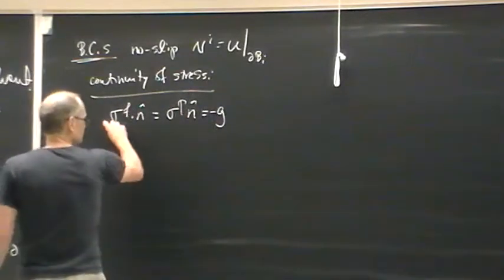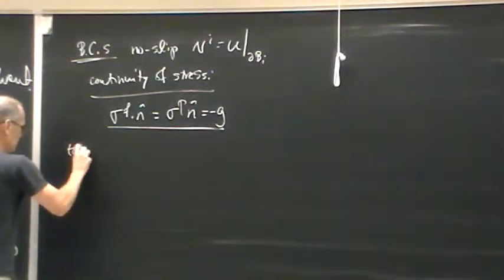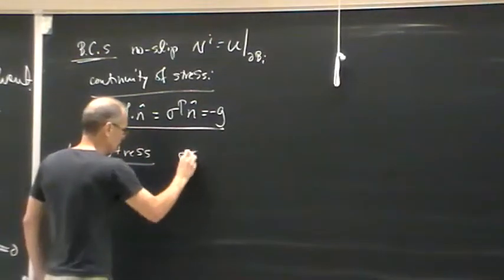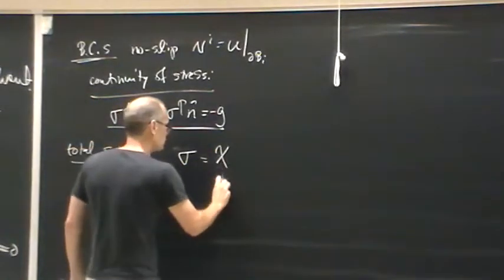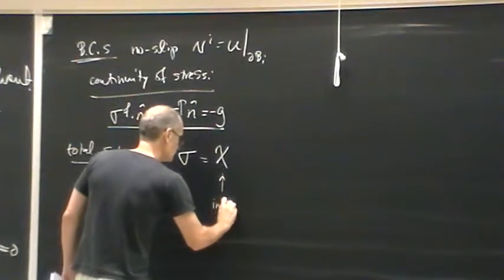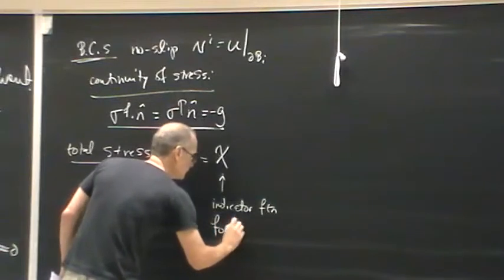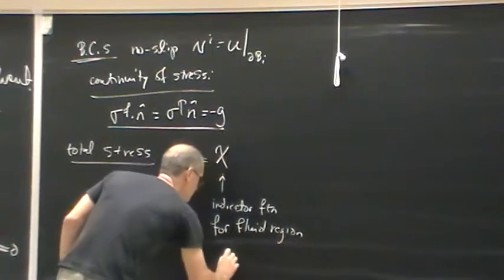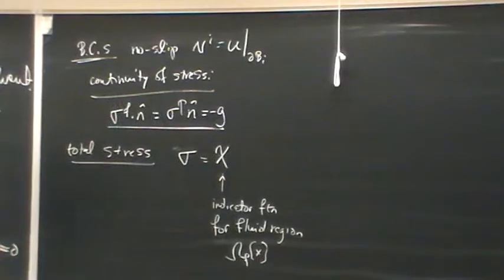Okay. Now I'm going to have some total stress, sigma, which is going to be, I have an indicator function for a fluid region. I'll call this omega F of X. That's just in this volume here.